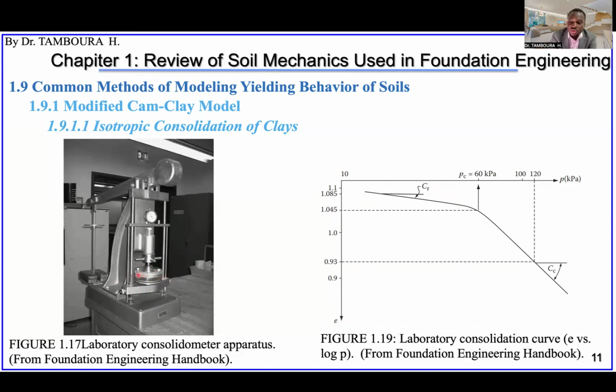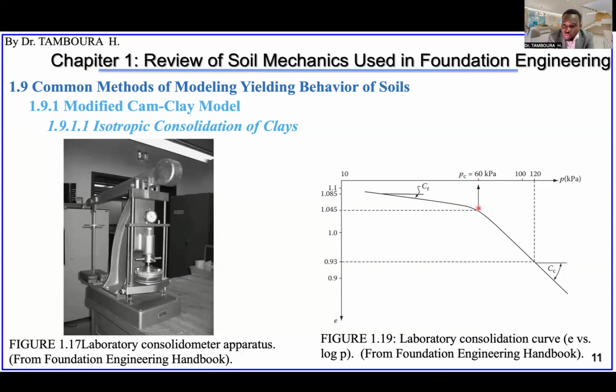horizontal. Okay, so if you remember this, you will remember that if you are here, there is a relationship. If you are here, that's this point. This curve means the soil has already experienced all this type of loadings from here until here. And this point means the maximum load that the soil has experienced so far.